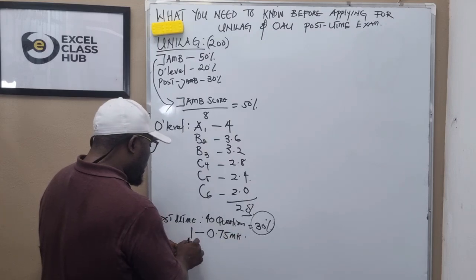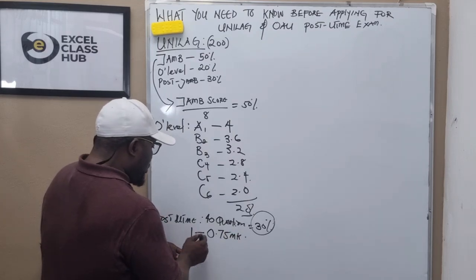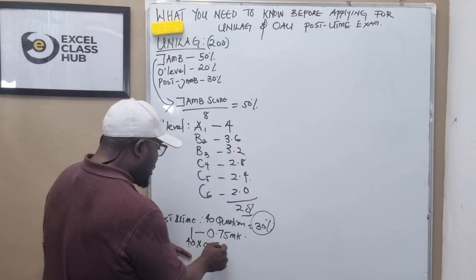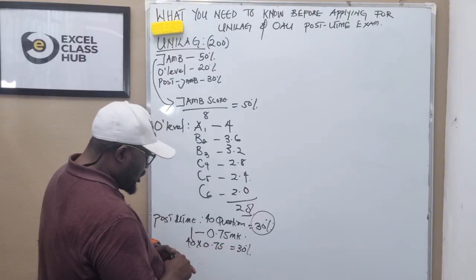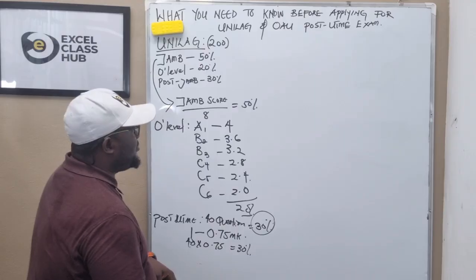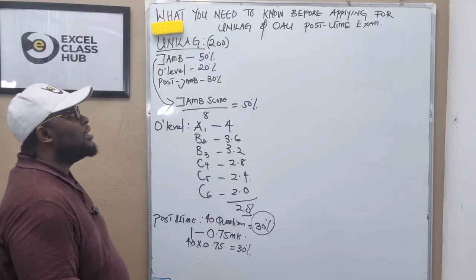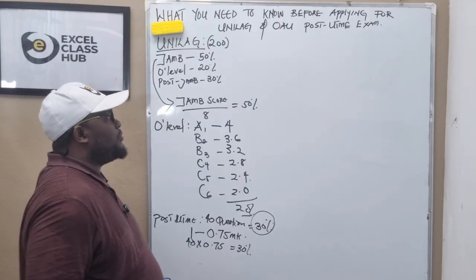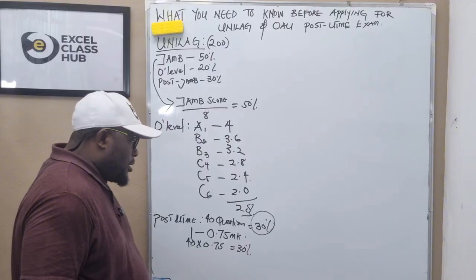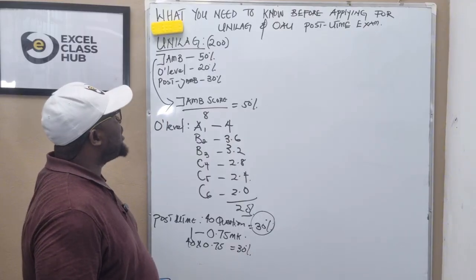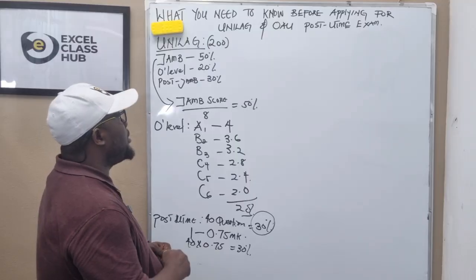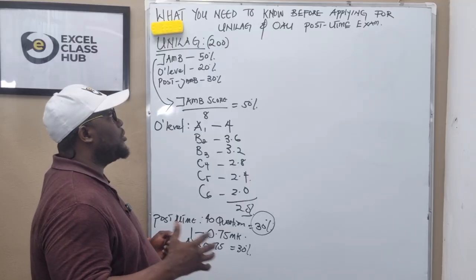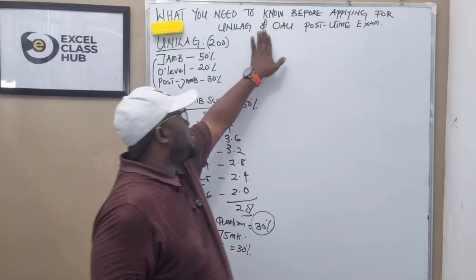So if you get 40 over 40 in your post-JAMB, multiplied by 0.75, it will give us 30%, which is not possible. You can't get 40 over 40. Even though you get 40 over 40, they won't give you that 40. Now, Unilag admit based on merit, and they admit based on catchment area.